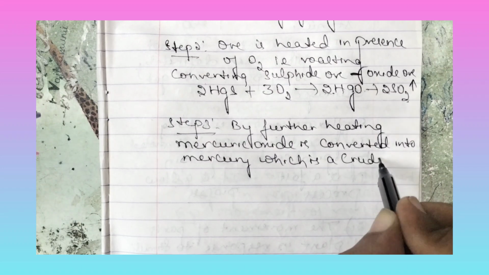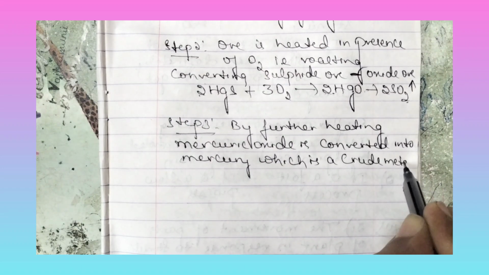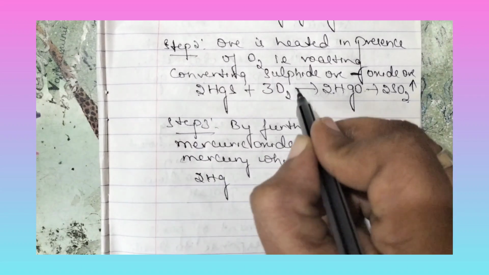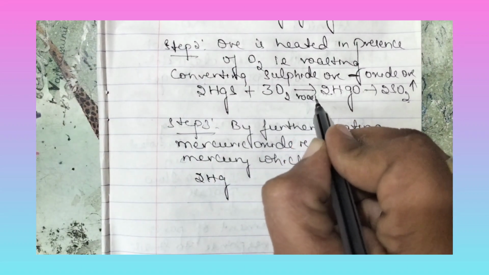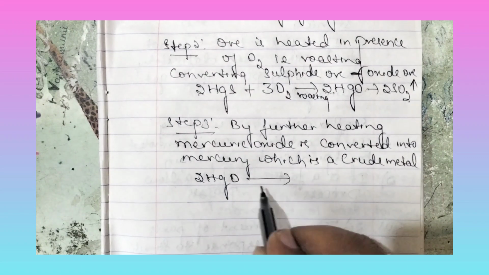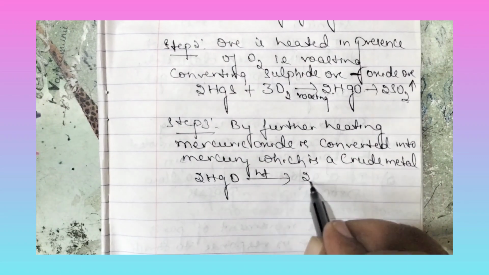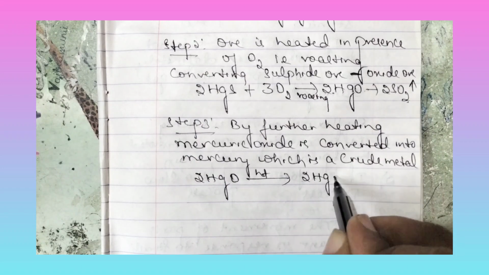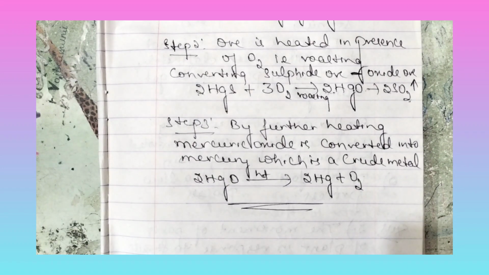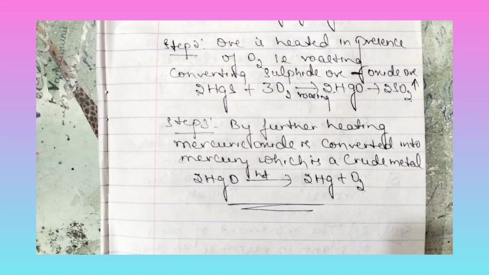Crude metal means it is not 100% pure. So the last step, 2HgO, here you have to write roasting. 2HgO, on further heating, forms 2Hg plus O2. So this is how we get mercury from cinnabar. Cinnabar is the ore of mercury.